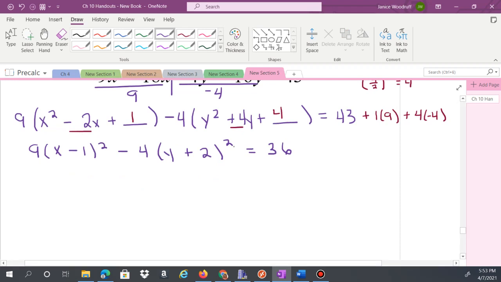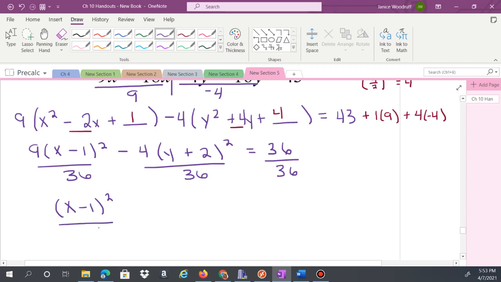All right, so then we will divide everything by 36 to set it equal to 1. So 9 over 36 gives you 4. So you've got x minus 1 squared over 4 minus, this will be 1/9, so y plus 2 squared over 9 equals 1.